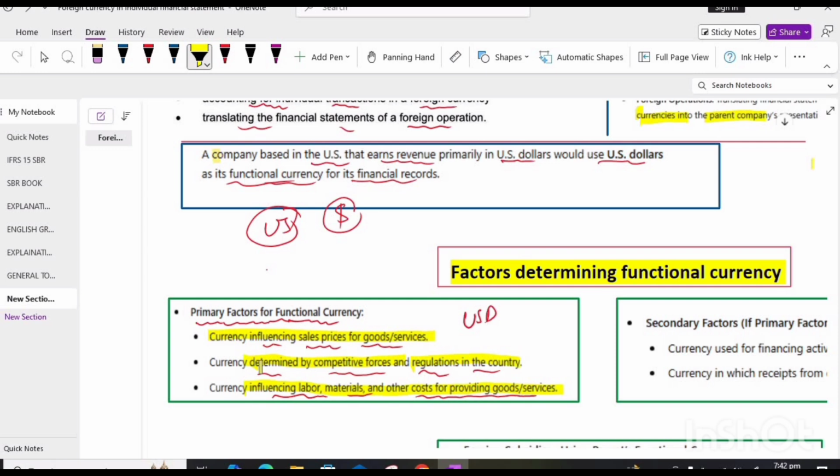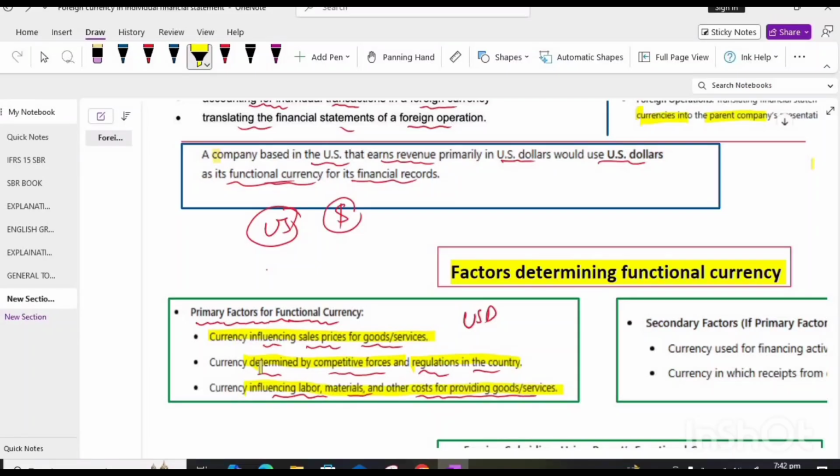So there may be a situation where you use one currency for cost and a different currency for pricing. Clear? Then you will have to weigh which indicator gives you the conclusion on the functional currency.